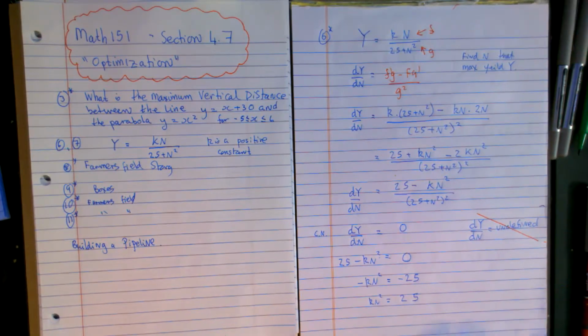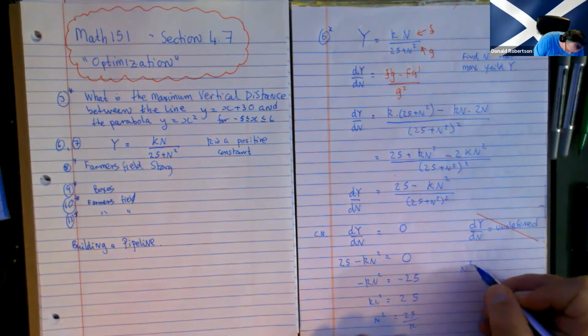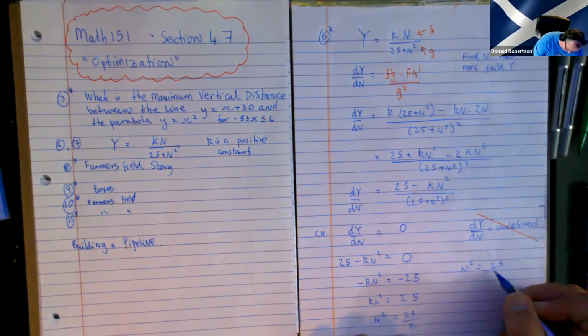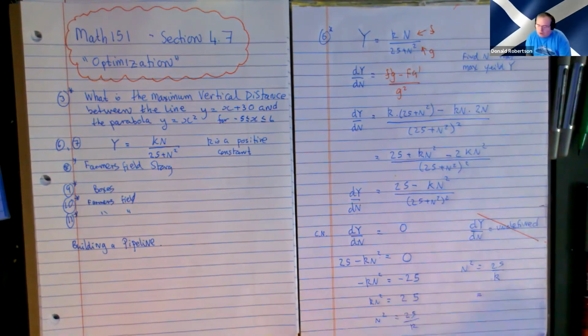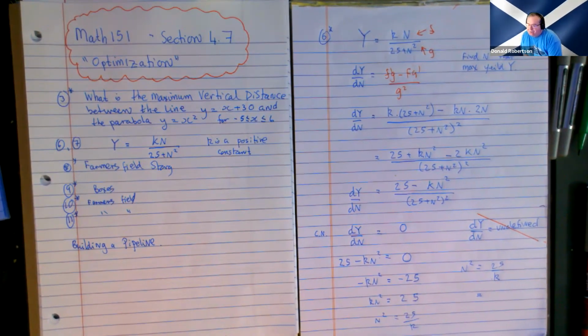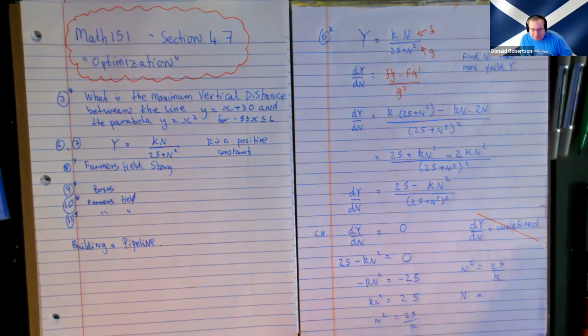Divide by k. Yep. I'll put it up here because we're running short of room. Okay, what's next? Square root of both sides. Right. Now, since n is a thing that you put into the ground, can we make the assumption that it's positive?